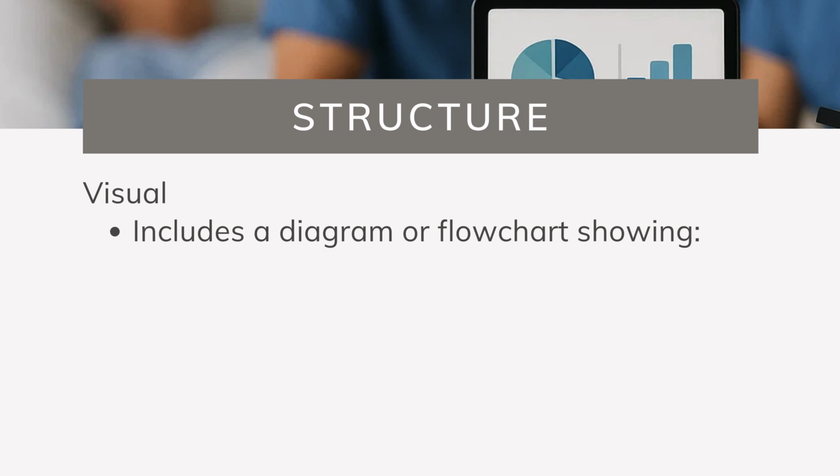Each variable is placed in a box and arrows are used to show the direction of influence or association, for instance, from independent variable to dependent variable or through a mediator. This simple diagram helps clarify complex relationships and makes your study easier to understand at a glance.